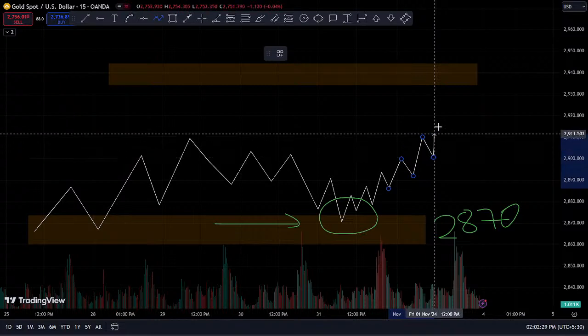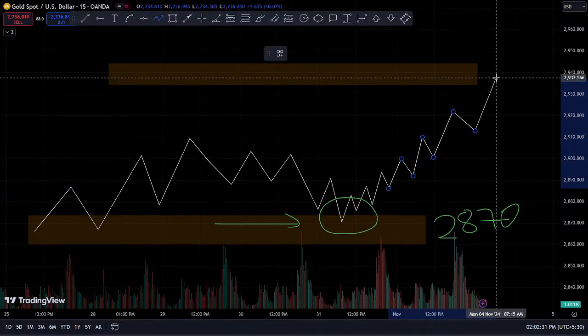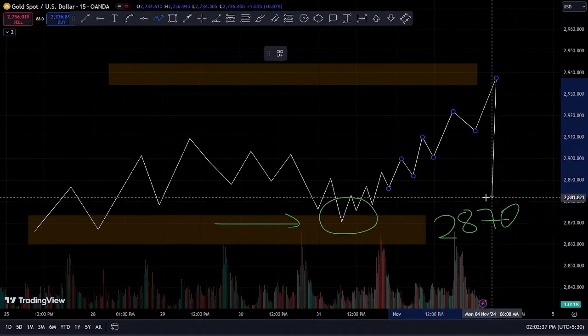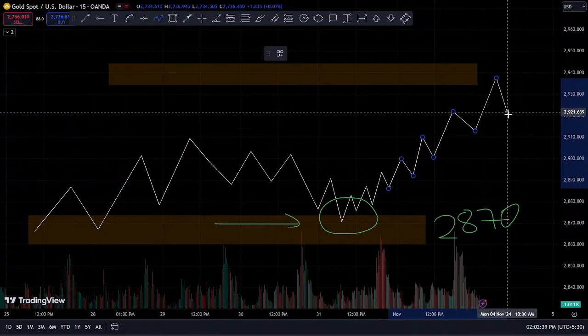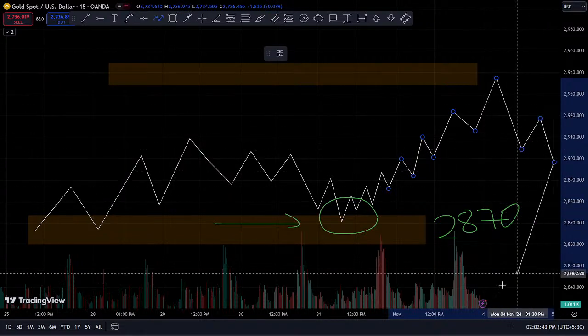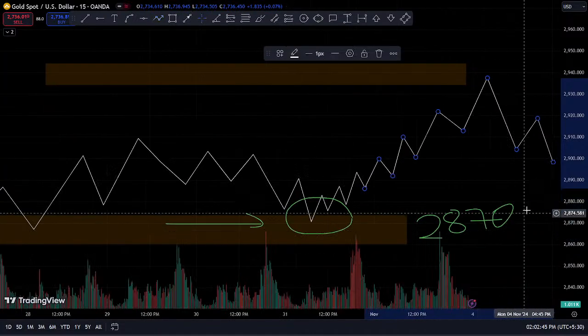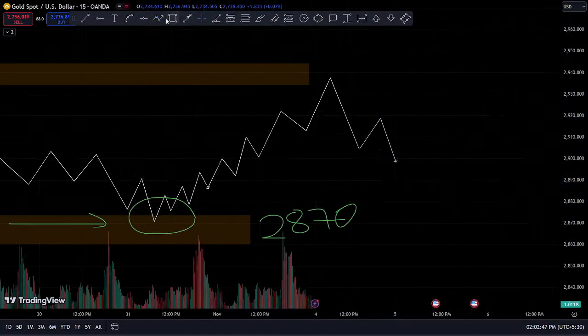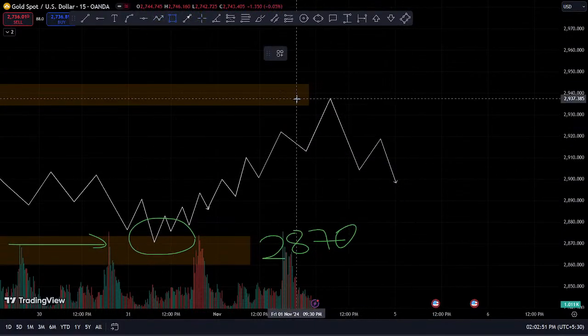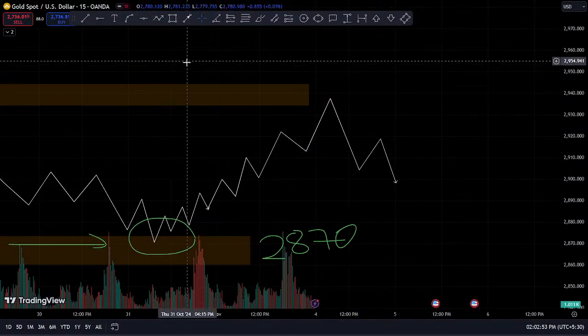So when it reaches 2940, what are people going to do? The people who have bought at this particular zone will sell, eventually bringing the price even further downwards. Now price has created a demand for the supply.